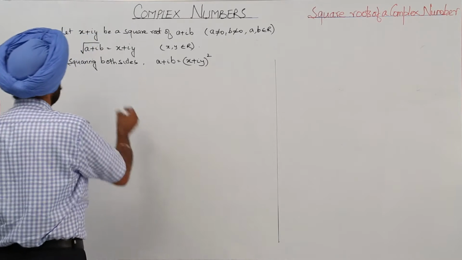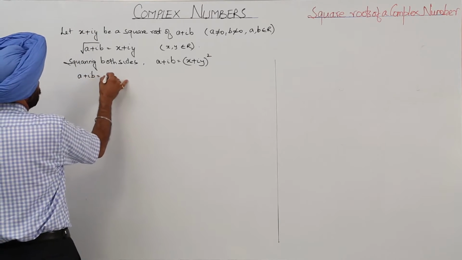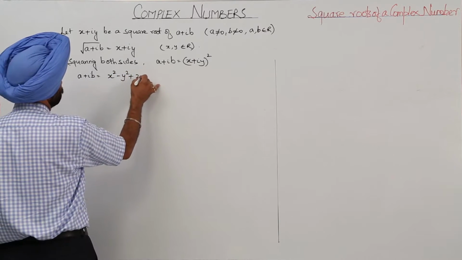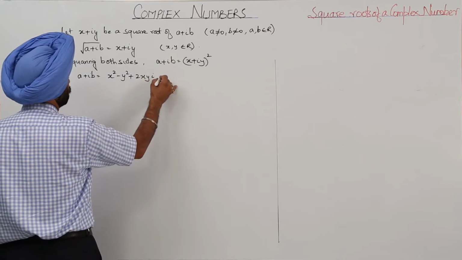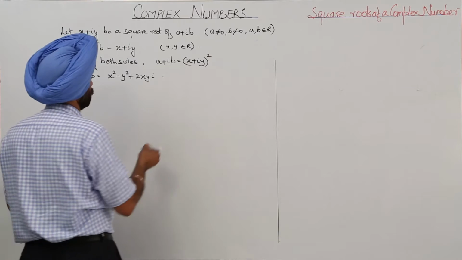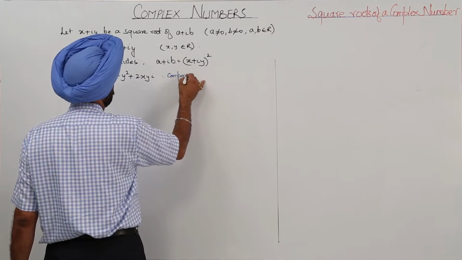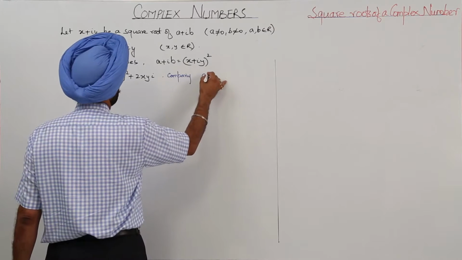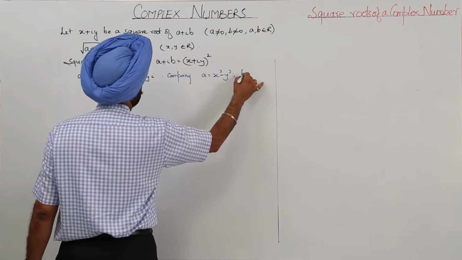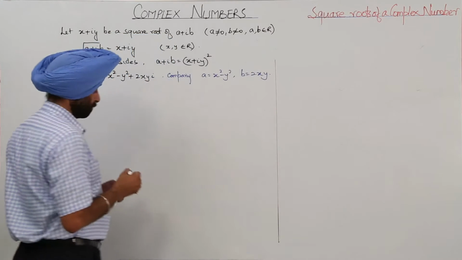Now, a plus iota b is equal to x square minus y square plus 2xy iota, and comparing, we are getting a is equal to x square minus y square and b is equal to 2xy.